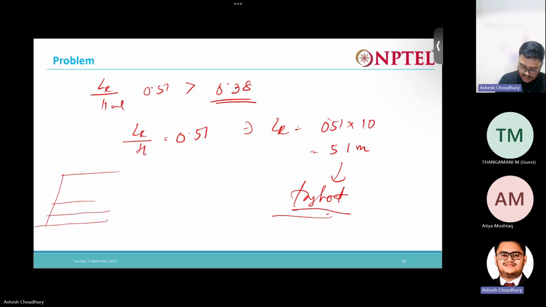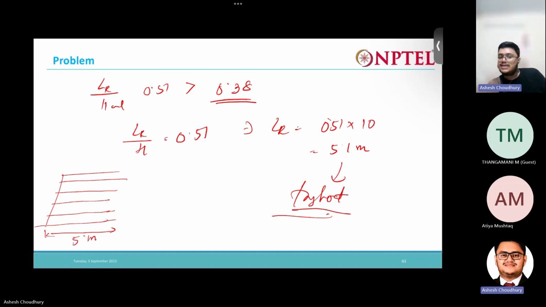Each of these reinforcements has the same length of 5.1 meter, because our LR by H overall is greater than LR by H ds.